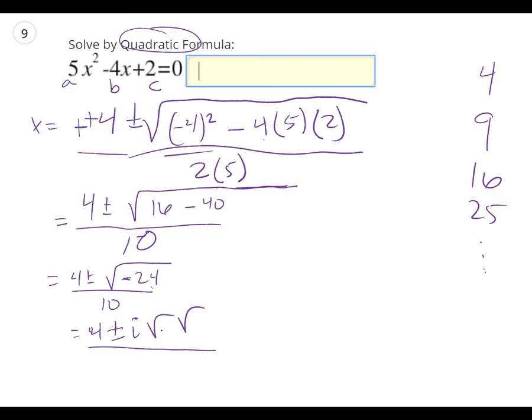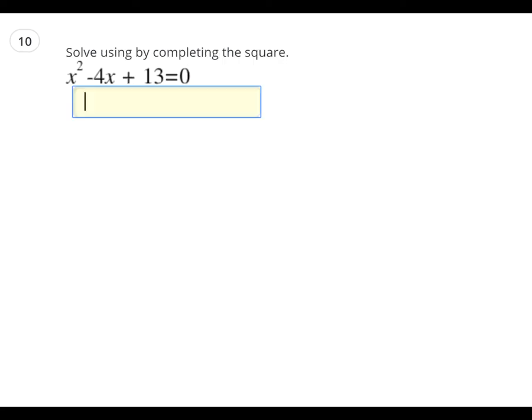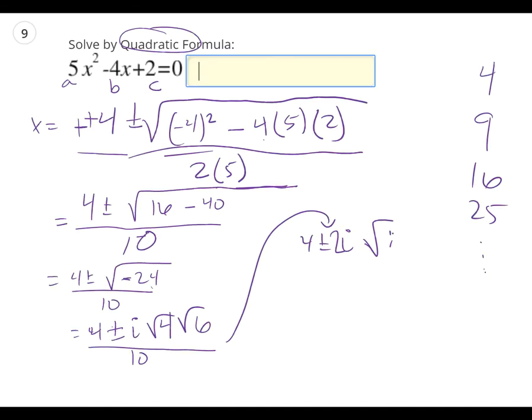So which one of those goes in there? 4. Times how many? 6. All over 10 here. All right, so 4 plus or minus i, what's the square root of 4? So probably put that in front of the i, square root of 6, all over 10. That's an okay answer.